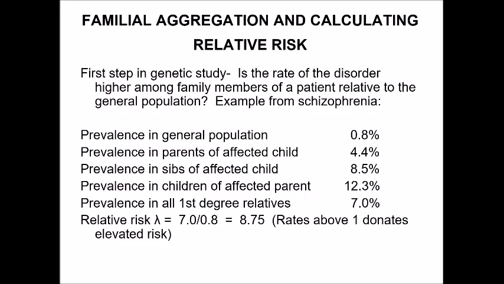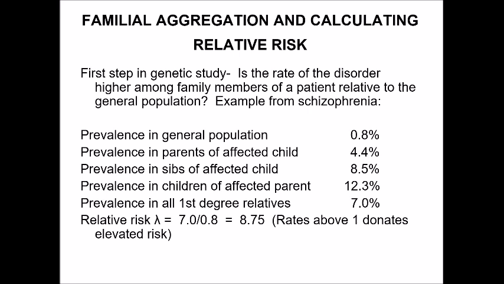Now, our first step in looking at genetics is to examine the familial aggregation by calculating the relative risk. So first we look at the risk in the general population, which is 0.8% for schizophrenia. Depending on what kind of relative you have who has schizophrenia, your own risk will be increased.